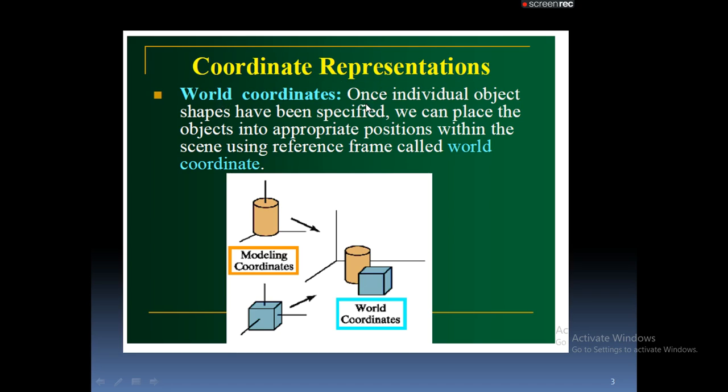As written in the slide, once individual object shapes have been specified in separate Cartesian reference frames, we can place those objects into appropriate positions within the scene using a reference frame called world coordinates. In world coordinates, we use only one Cartesian reference frame, which contains all the object positions within the given scene in appropriate places. This is nothing but world coordinates.